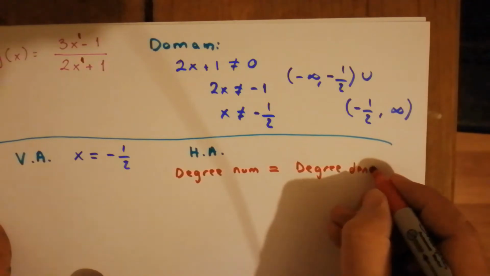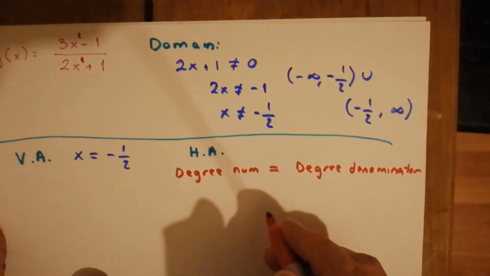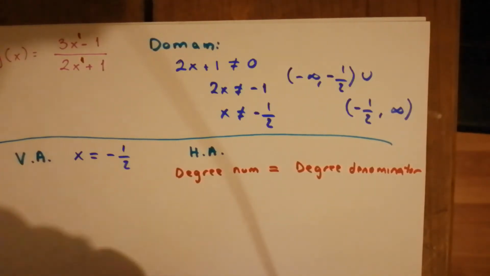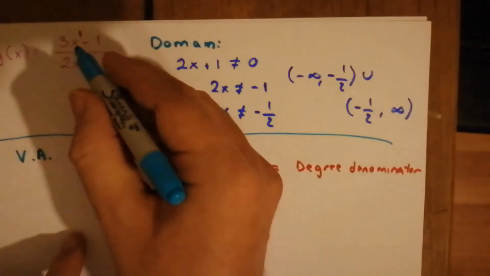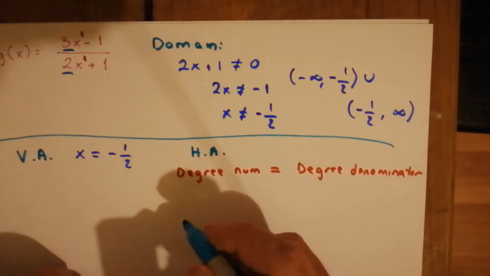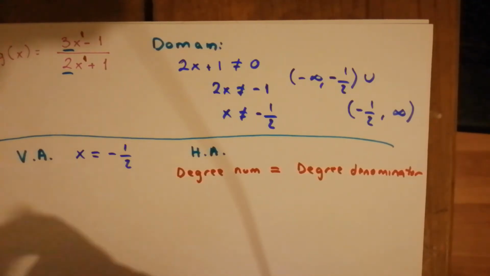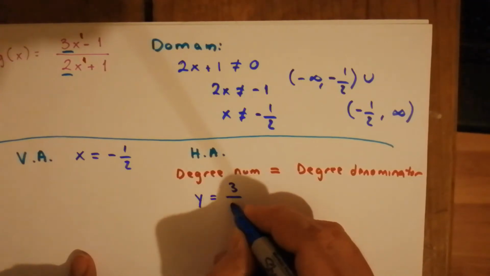If that happens, then we're just going to divide the coefficients. What coefficients? The coefficients of the x's with the highest power. So it's going to be 3 and 2. And if we divide them, the horizontal asymptote is going to be y equal to 3/2.